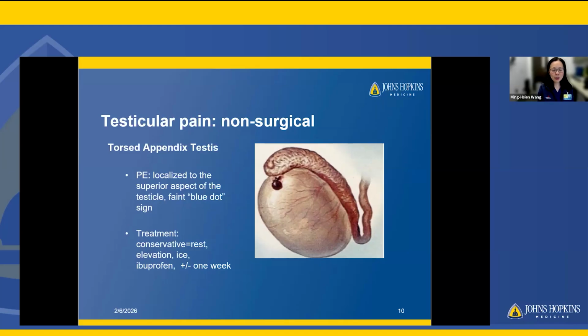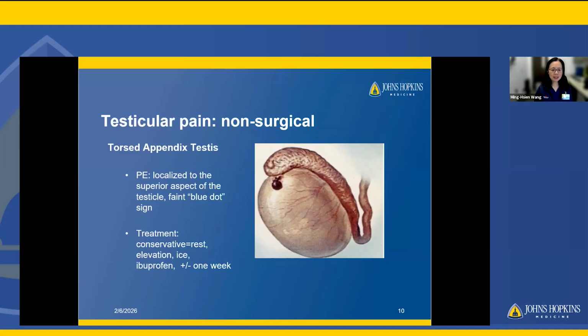So the teaching is, if you examine these children, you can sometimes see this faint blue dot sign on the top of the testicle. A lot of times you're probably not going to see it, but if you ask the child to point to where things are painful, they'll usually point to the top of the testicle. So that's one way to sort this out.